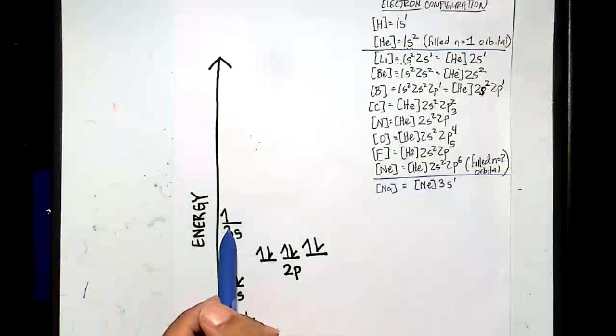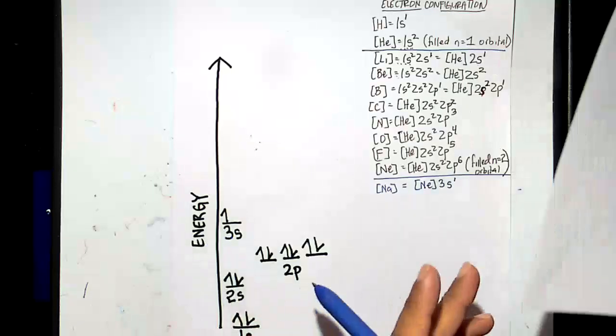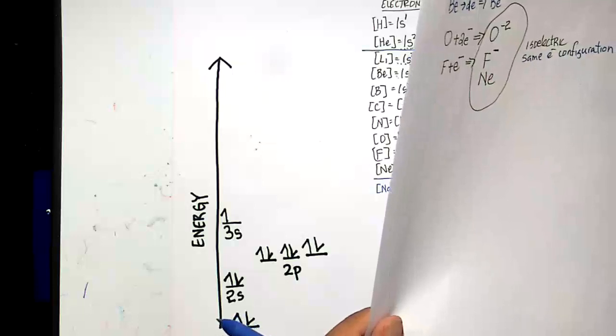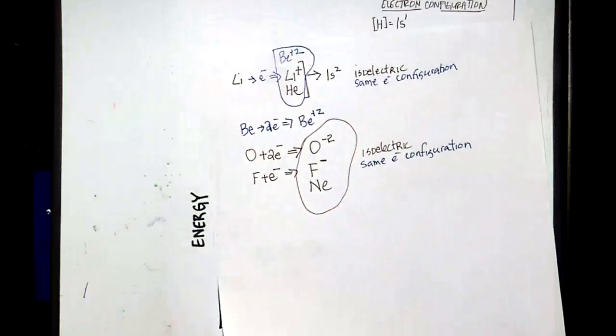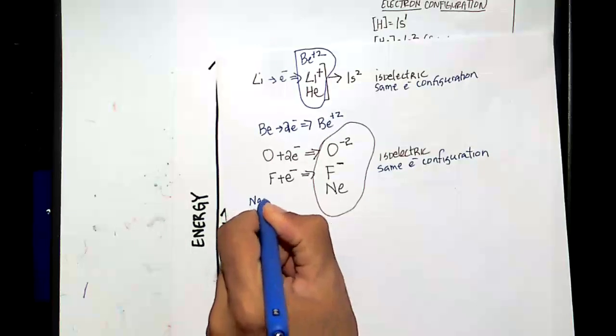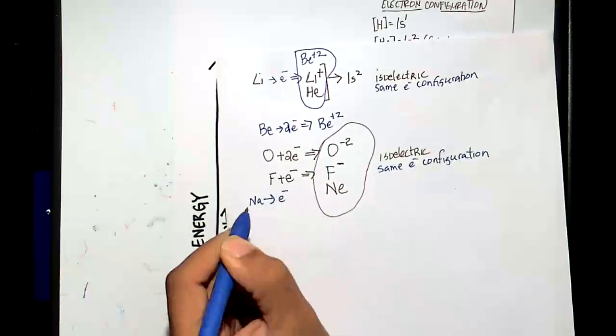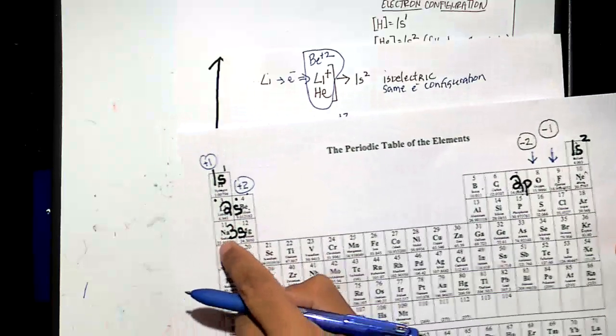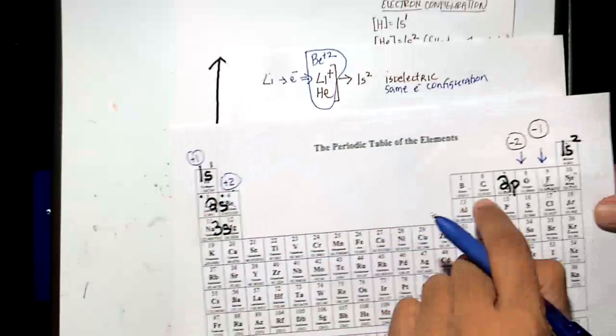All right. Why does sodium like to be +1? What happens if sodium is +1? Here I'm going to have sodium lose an electron. It becomes a noble gas. Which noble gas has 11 electrons?